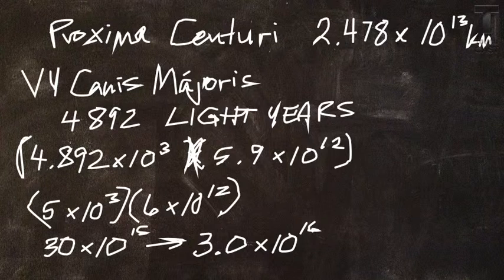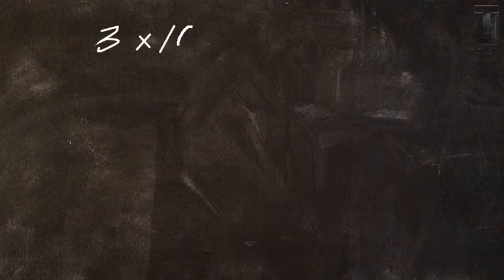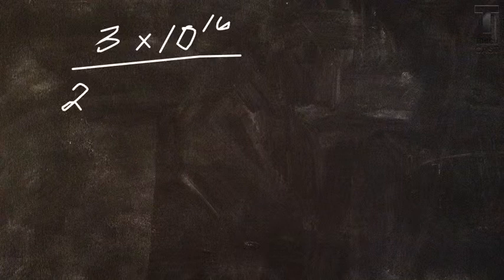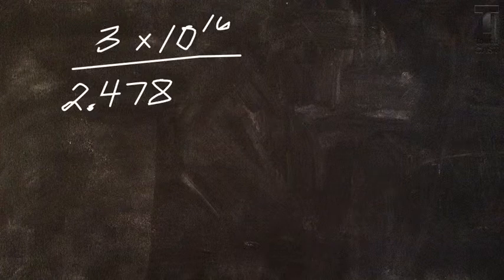How much further away is VY Canis Majoris than Proxima Centauri? So let's divide those. VY Canis Majoris was about 3 times 10 to the 16th from Earth, and Proxima Centauri, we saw in the last video, was 2.478 times 10 to the 13th away.